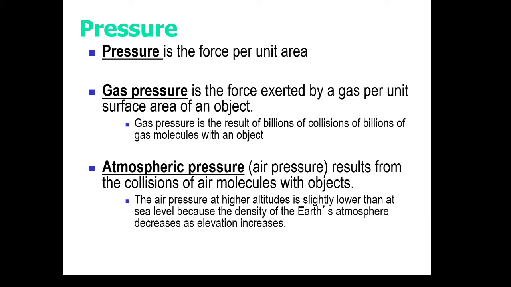Gas pressure comes from all of the collisions that are occurring by the gas molecules with each other and with the object itself, specifically with the object that the gas is being held in. The gases might bounce off each other, but when they bounce off the walls, that's what's exerting the pressure. And as you know, this is billions and billions of these.